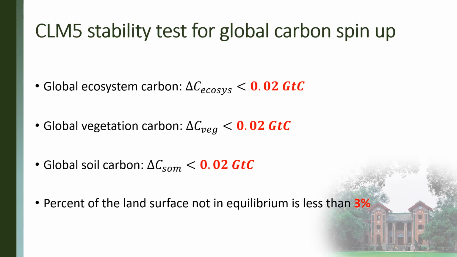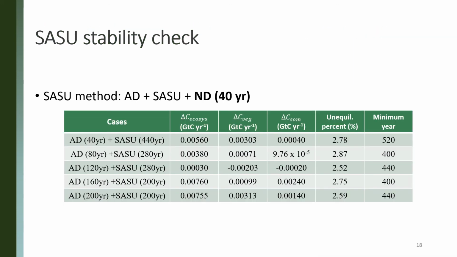This is the criterion we showed before for CLM5 spin-up. Let's apply this criterion to the above simulations. These sensitivity simulations are all followed by a normal spin-up to test whether the spin-up will pass the criterion.